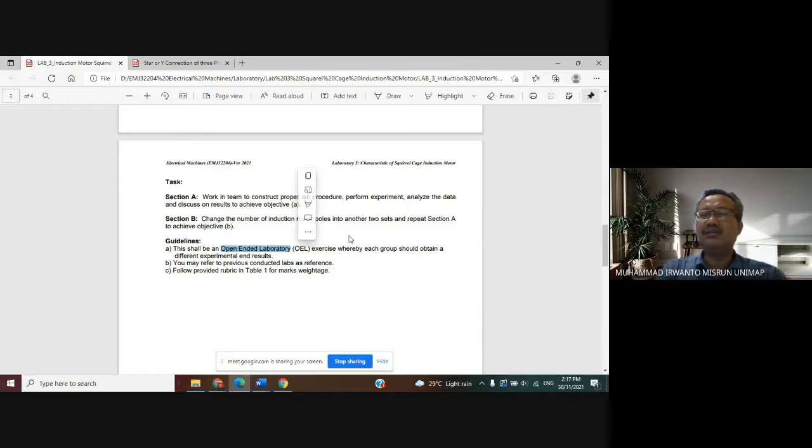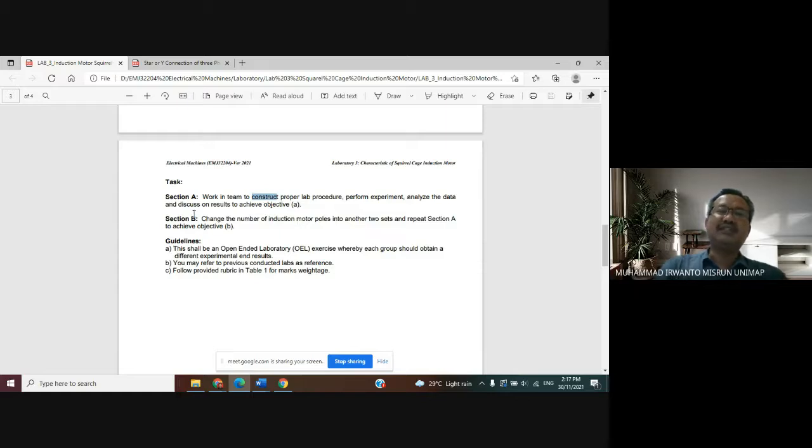Now students, in your team, for session A, please construct a proper lab procedure, perform the experiment, analyze the data, and discuss the results to achieve objective A. In objective A, we want to observe, analyze, and discuss the performance or characteristics of the induction motor.